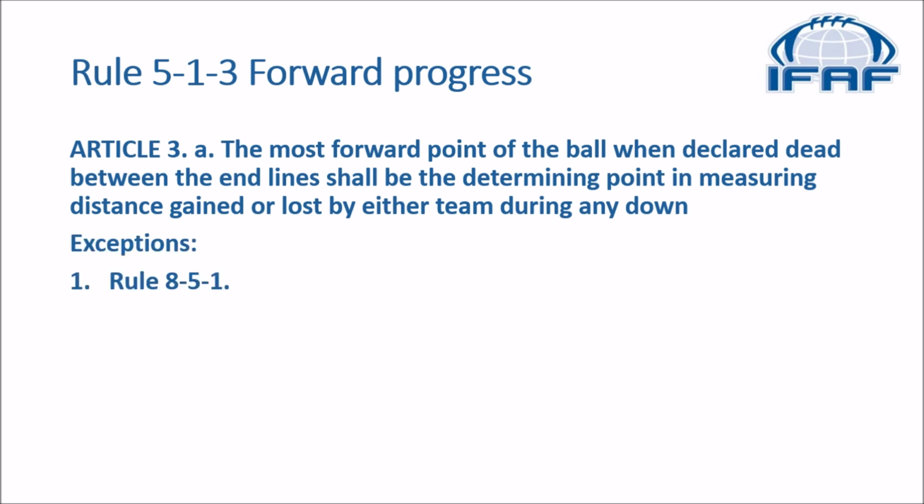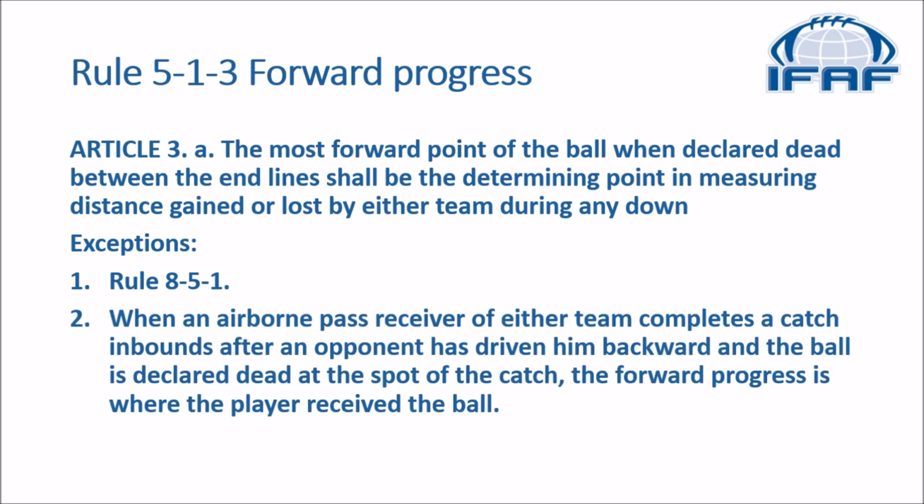Exceptions. First one is Rule 851, which of course we all know deals with safeties. And the second one, when an airborne pass receiver of either team completes a catch inbounds after an opponent has driven him backwards and the ball is declared dead at the spot of the catch, the forward progress is where the player received the ball.